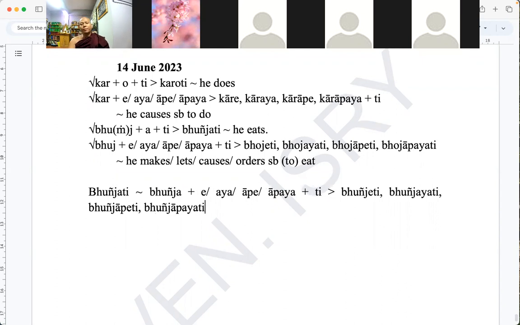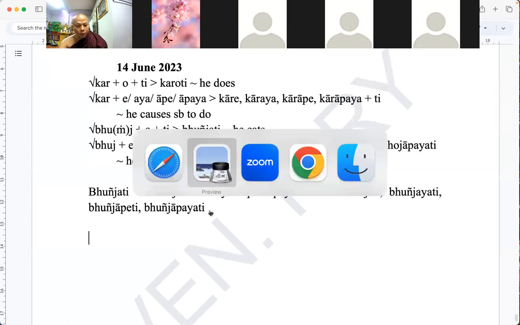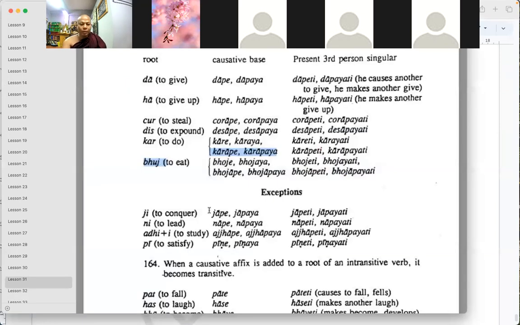That is why some roots form from the root as well as from the vowel base, but some roots only from the vowel. So to the kar, we don't have it from the karo. Maybe from the karo also, because the o is dropped and the vowel is changing. That one also is possible. Okay, no problem. So that is one, from the root and from the base.